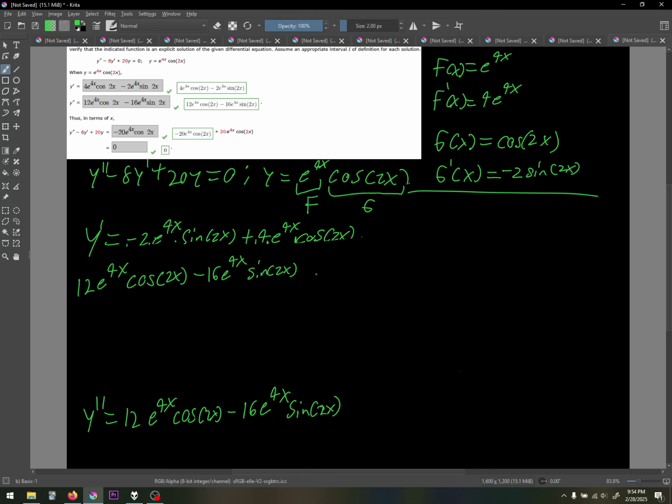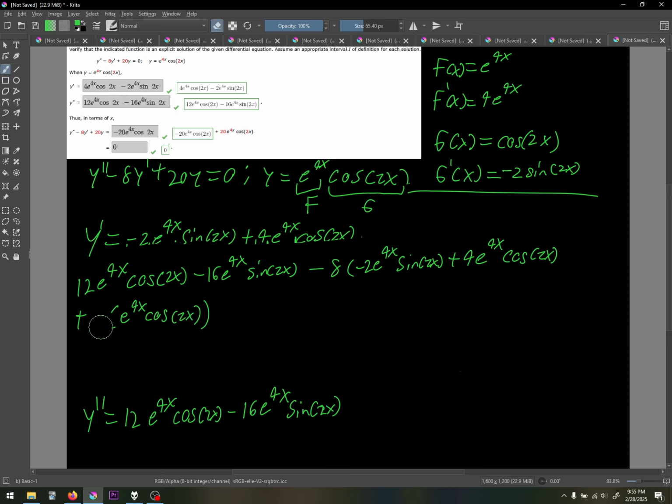Minus 8y prime, minus 8 times negative 2e to the 4x sine of 2x plus 4e to the 4x cosine of 2x, plus 20y, which is e to the 4x cosine 2x.